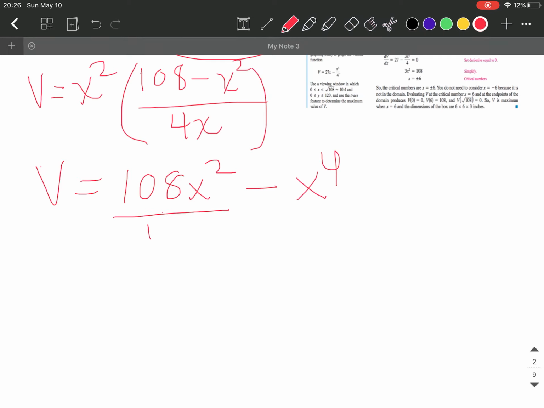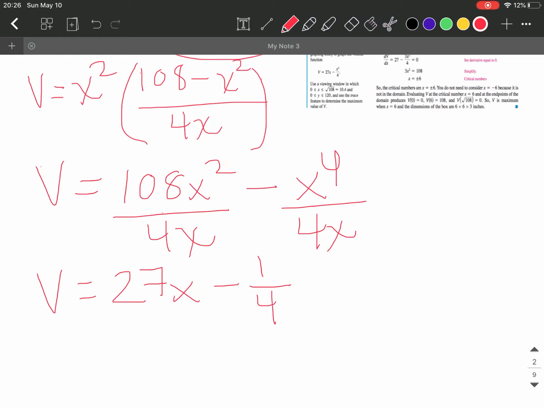And I'm going to individually divide them by 4x. And that's 108 divided by 4. That's 27x minus 1/4 x cubed. Okay, so that's my formula for volume.